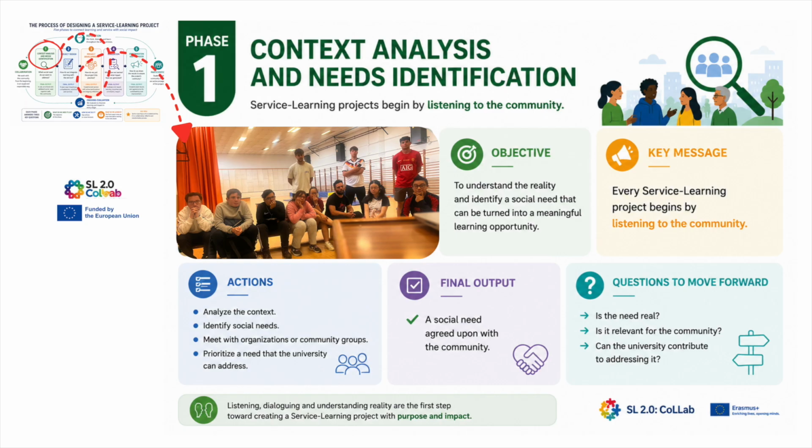The outcome of this phase is a shared understanding of a community need agreed upon by both the university and its community partners. This identified need becomes the foundation on which the entire service learning project will be built.